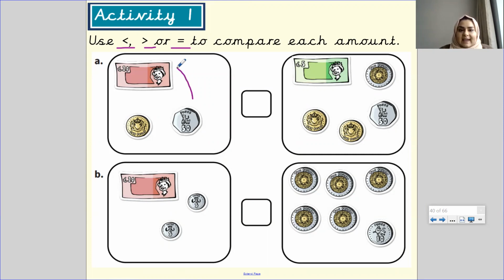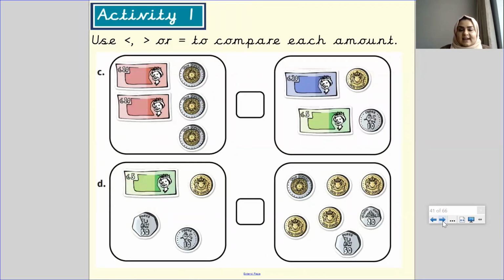So A, you need to work out how much money is here and then here, and then you use the correct sign to show what it means, if it's greater than or less than or equals to. And then you do the same with B. Okay, and then you have C and D. Same thing, you need to work out the amounts of both, and then you fill the gap in with the correct sign.